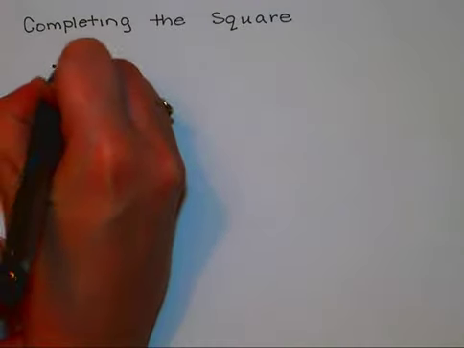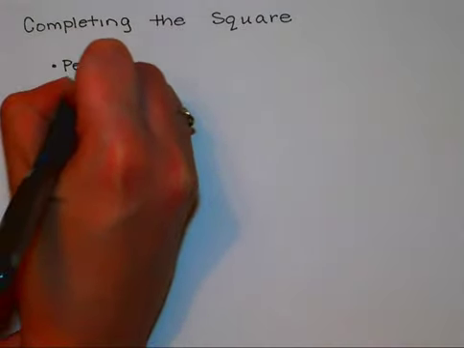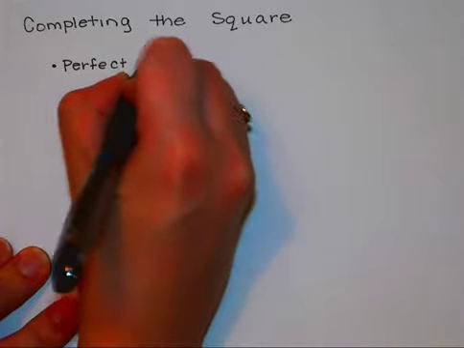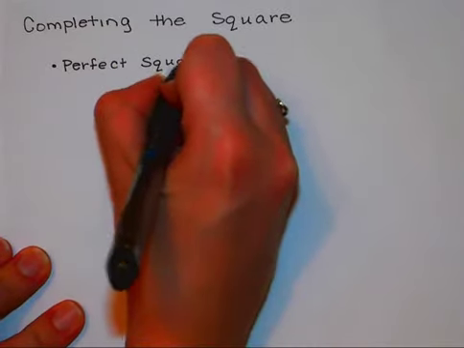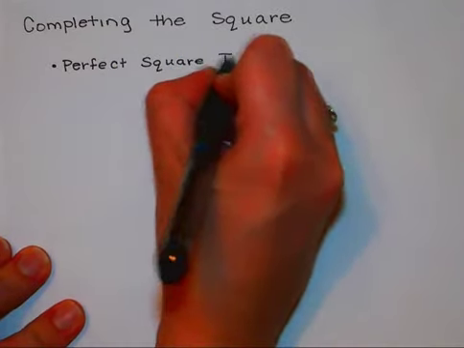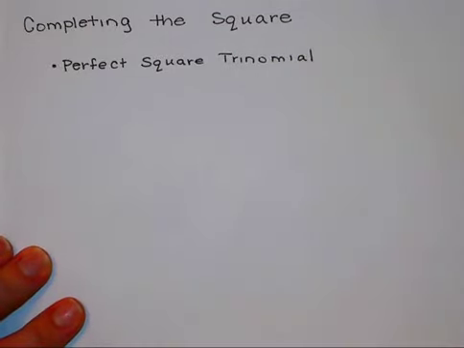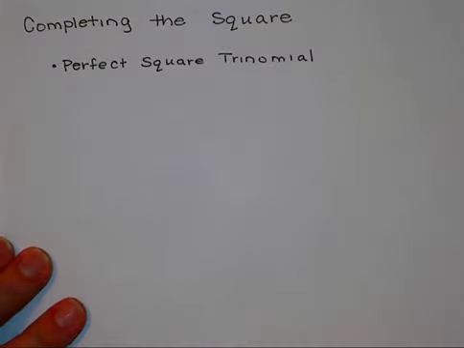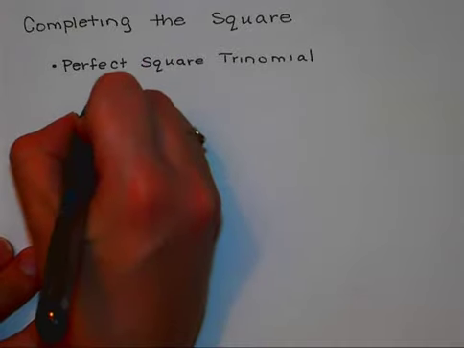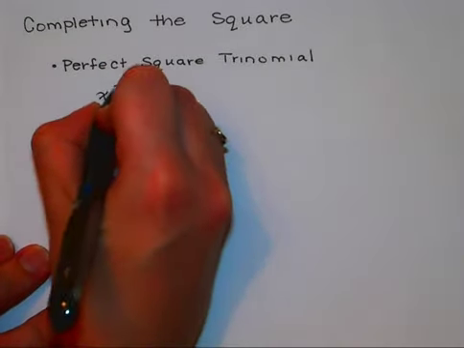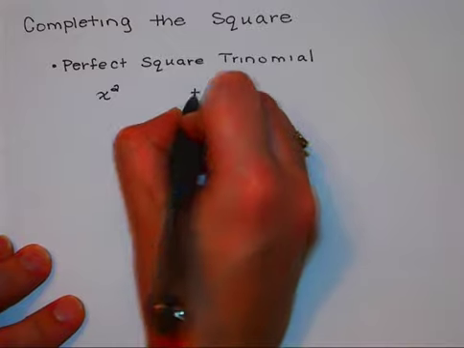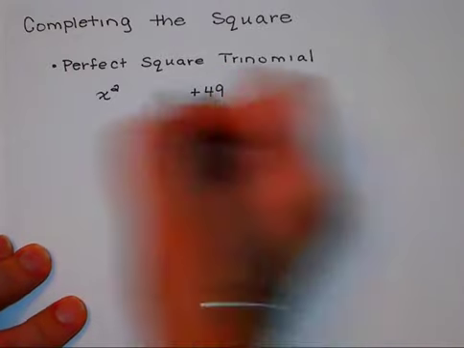So a perfect square trinomial is a polynomial with three terms, trinomial, where the first and the last terms are perfect squares, and the middle term is 2 times the square root of the first item times the square root of the last item.